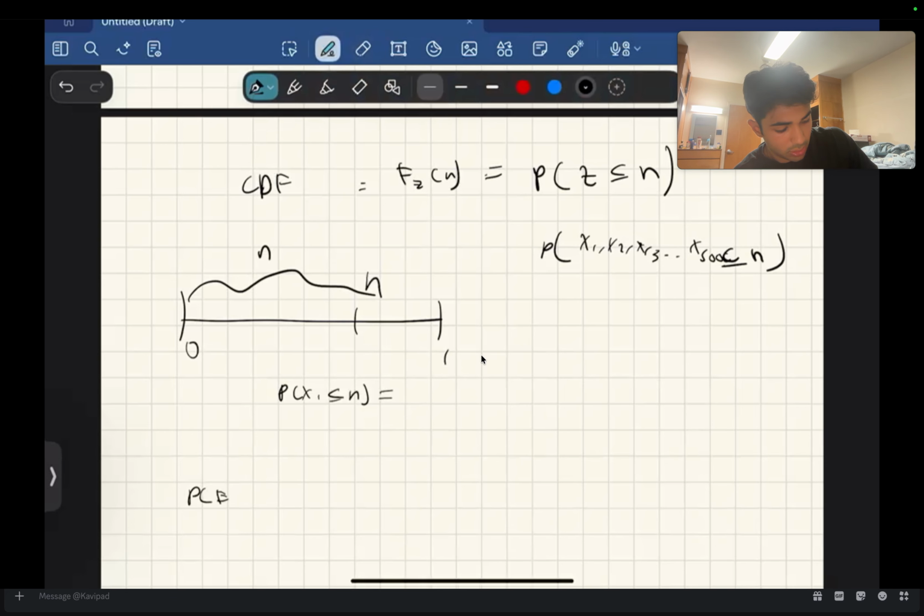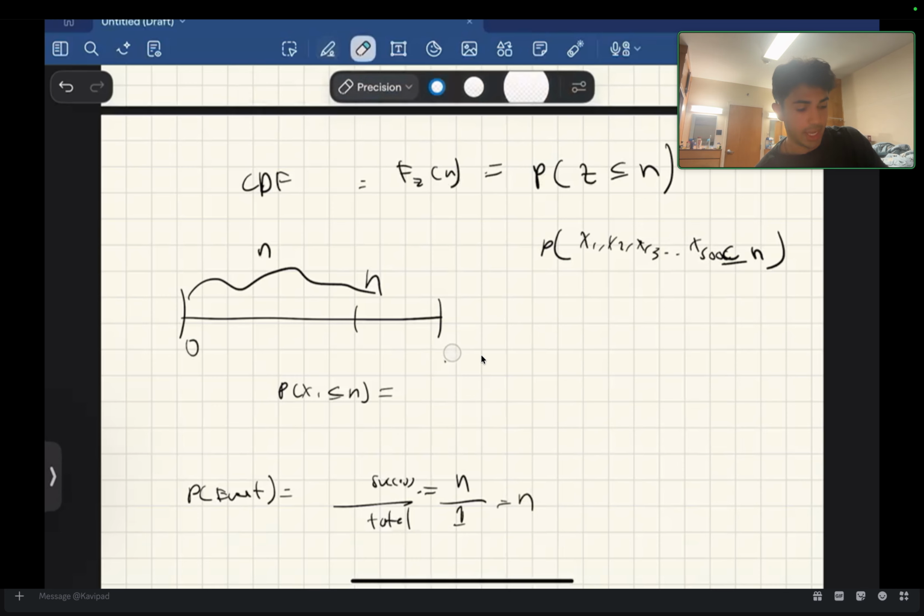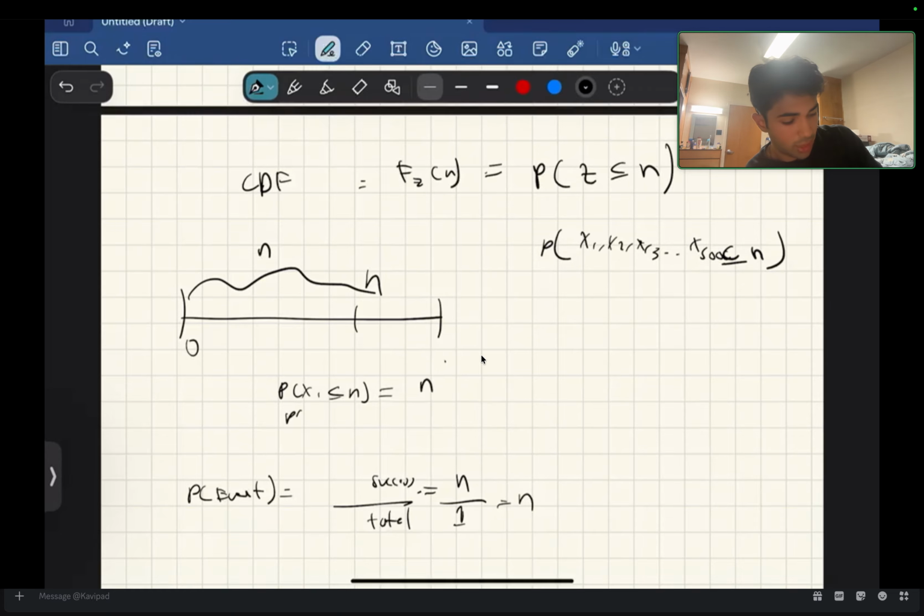Success is n, that whole portion, and total is 1. So the probability that x1, one of the ants, is at most n, is n. And same thing for x2.